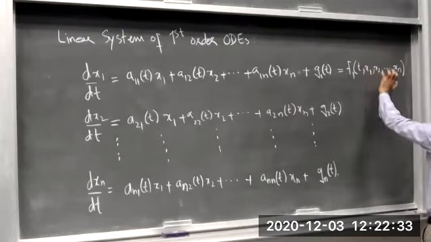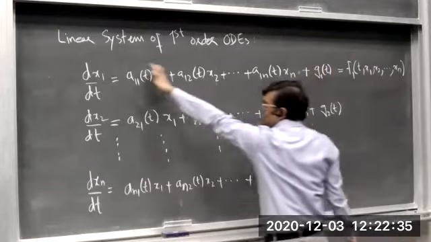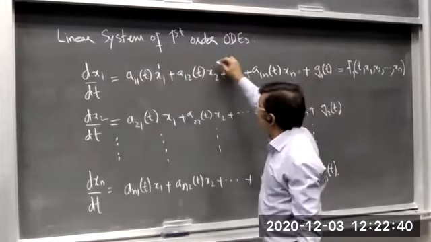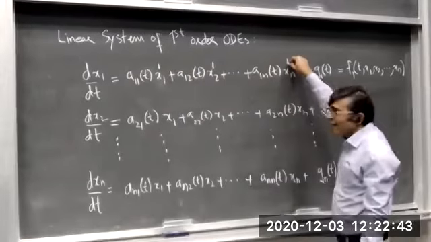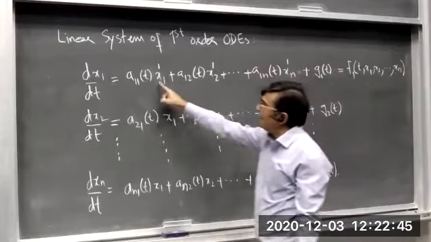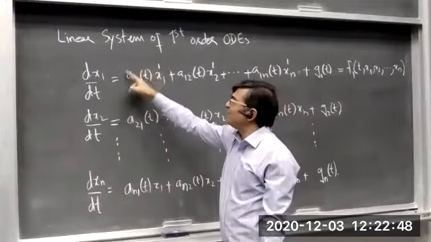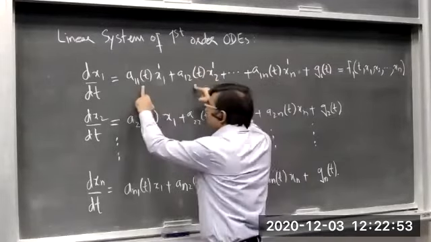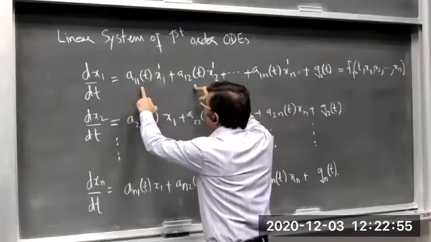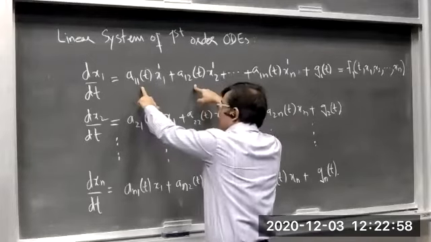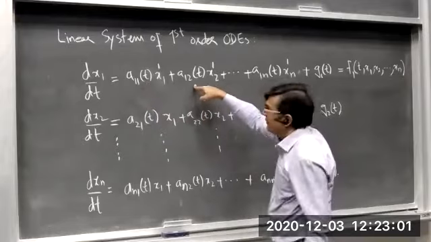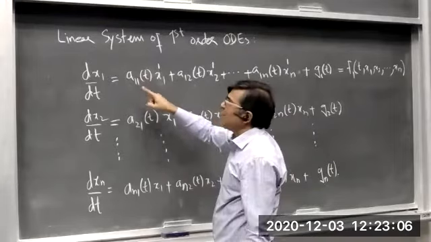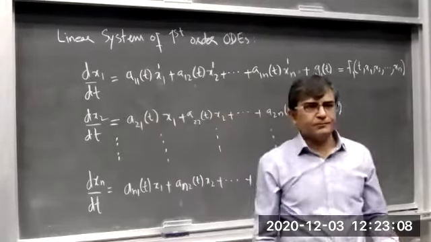If it is linear, then we can write it in this form, where x1, x2 are all linear, they have powers 1, and their coefficient functions are functions of t. a11 of t, a12 of t are functions of t only. They cannot involve x1 or x2, the dependent variables. They could be functions of t only, or they could be constants.